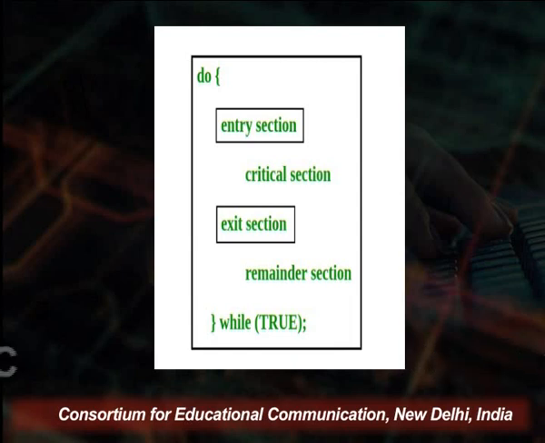Now with all these elements, there could be a race condition. A race condition is a situation in which several processes access and manipulate the same shared data concurrently, and the outcome of the execution depends on the particular order in which the accesses take place.